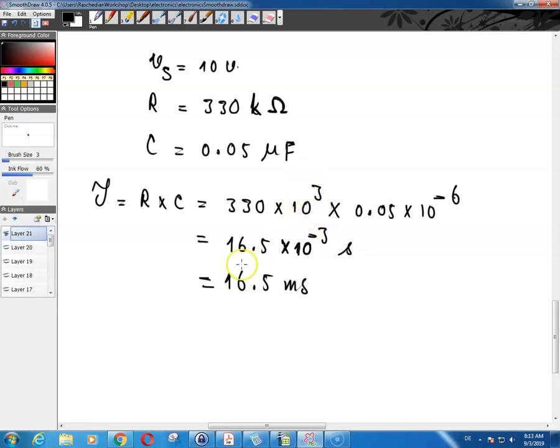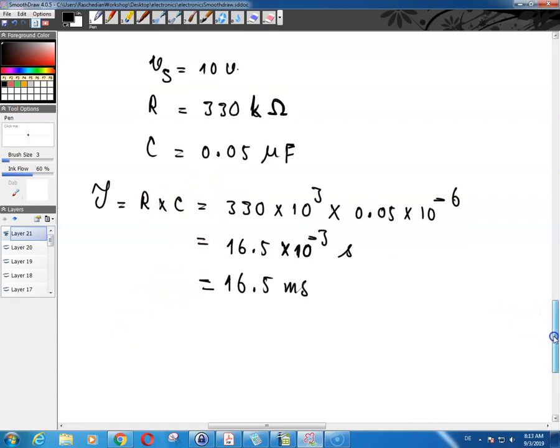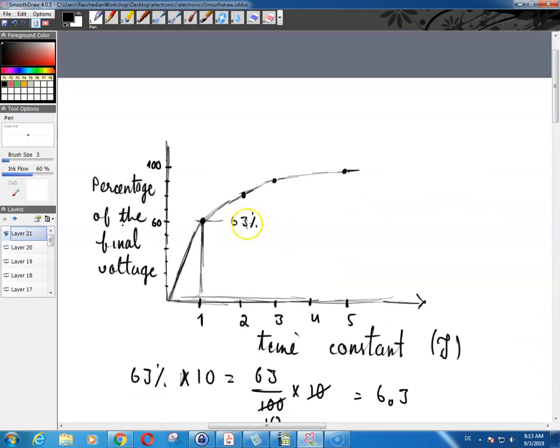So now the time it takes for the capacitor to fully charge, or reach the full supply voltage, is 5 time constants.